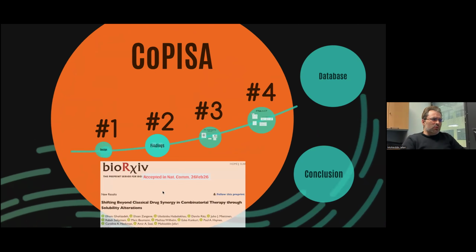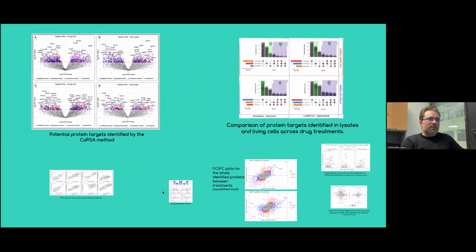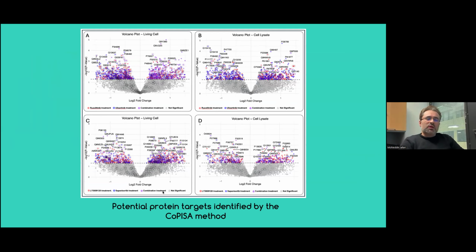When we go to our findings, we found that yes, some proteins are targeted only in the case of combination. We used living cells and also cell lysates, two different samples for each combination, RU and LS. In all cases, we saw some targets specific for the combination, some targets for drug A, some for drug B, and also some common targets between these three treatments compared to the control, but there are some specific targets only in the case of combination.